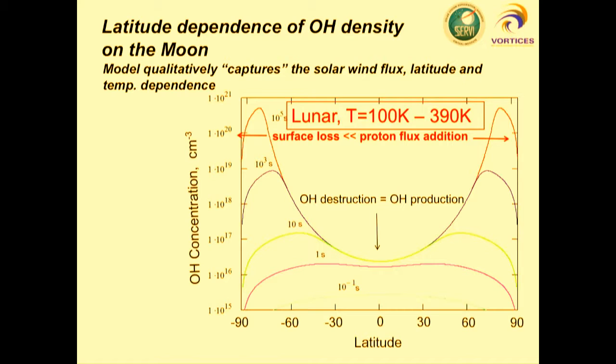And it's paying attention to the fact that at this level here, our OH destruction is matched by the OH production rate, but then there's a subtle change in the flux and the temperature, and those rates will cause you to have this differential buildup over latitude, which captures qualitatively the observations.